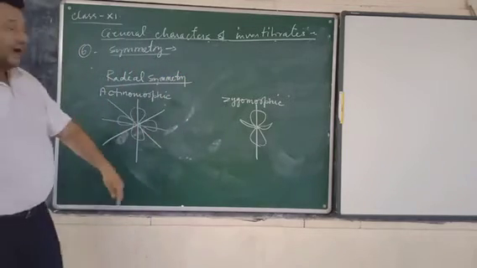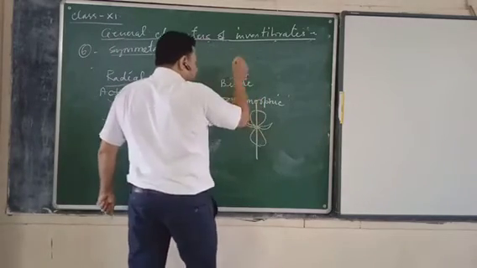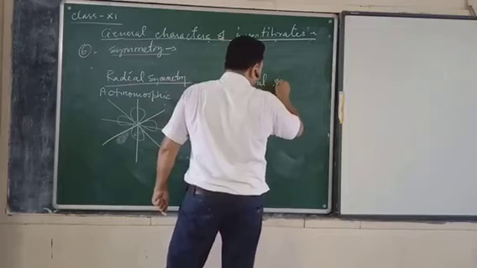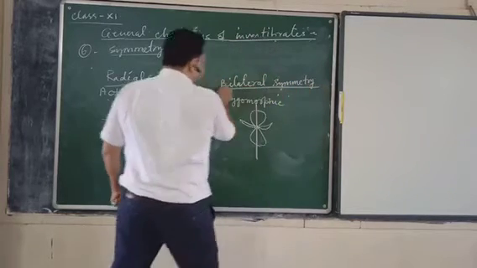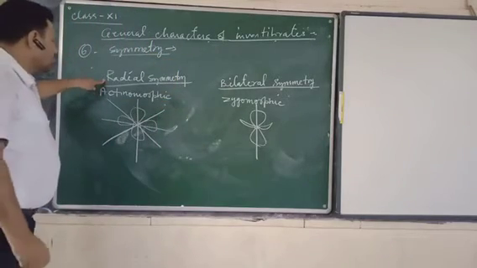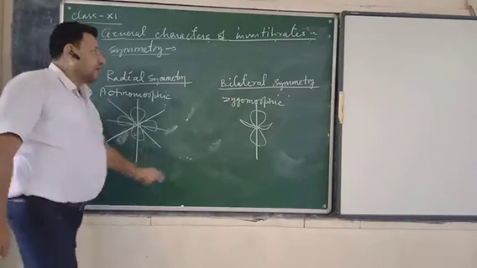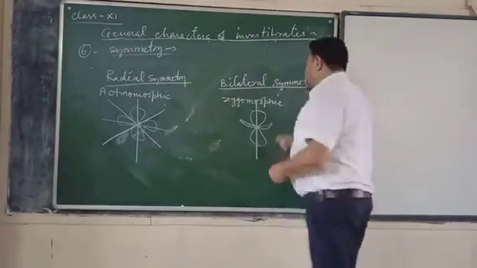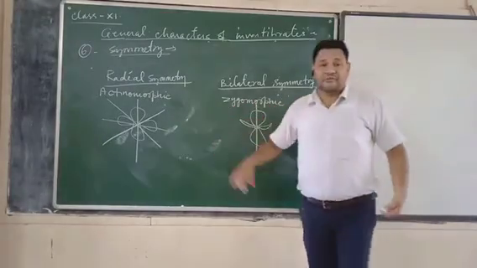And this zygomorphic will be known as bilateral symmetry. If someone is asking you about the radial symmetry, tell the same as what you have studied in actinomorphic. And if someone is asking you about the bilateral symmetry, tell as what you have discussed in zygomorphic.